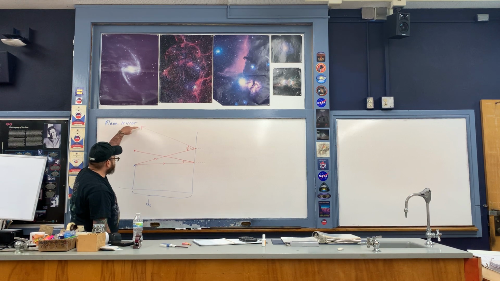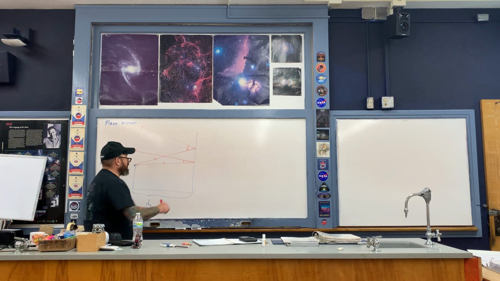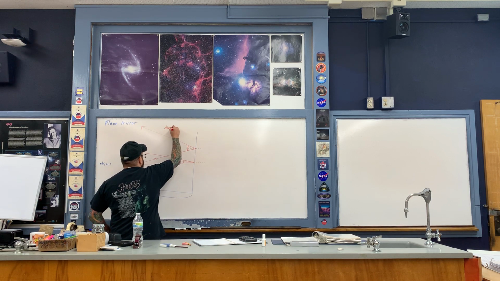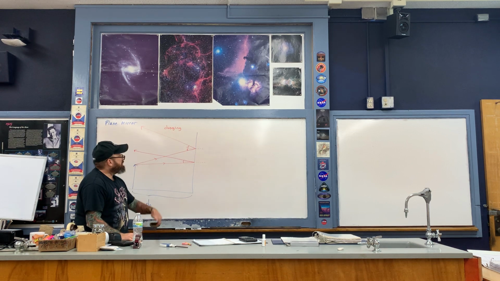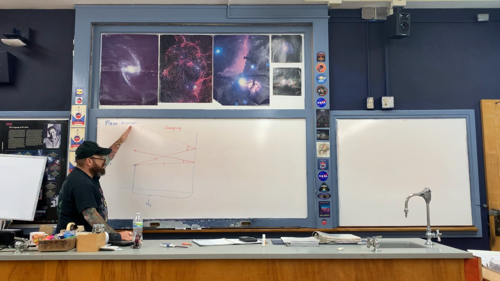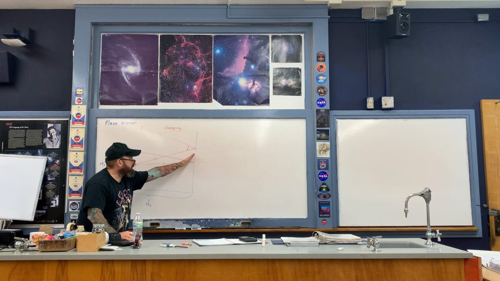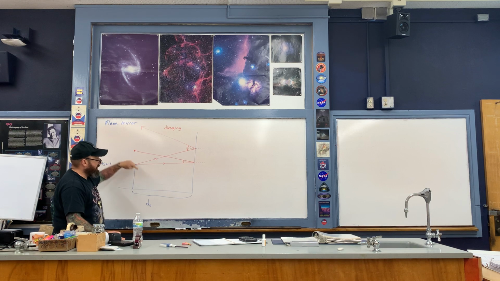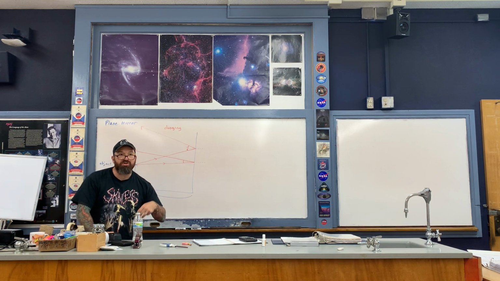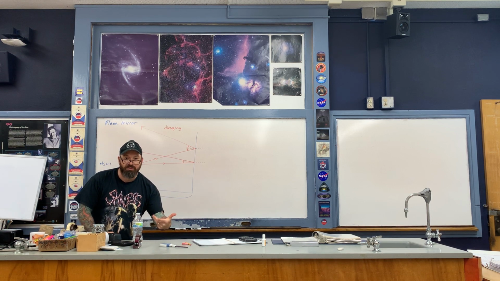Notice that these two reflections, here and here, are diverging from each other. These are diverging light rays. So if your eye was back here somewhere and you were looking in this direction towards the mirror, you would see these two diverging light rays as if they were coming from somewhere behind the mirror.